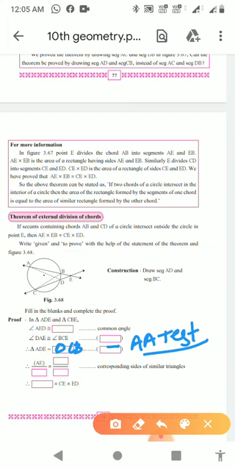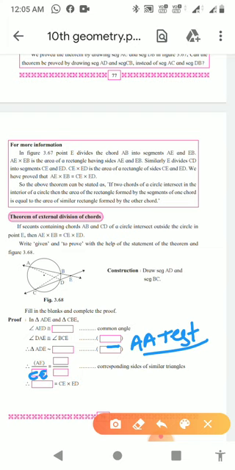Then, if these two triangles are similar, we can write the corresponding sides of the similar triangles. AE and CE are corresponding sides, so I can write their ratio, AE divided by CE. Here I write CE in the first denominator. Then equal to ED divided by EB.